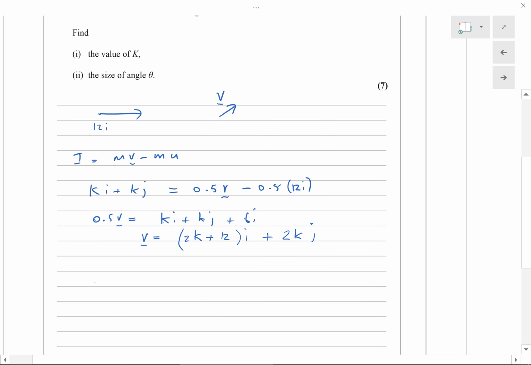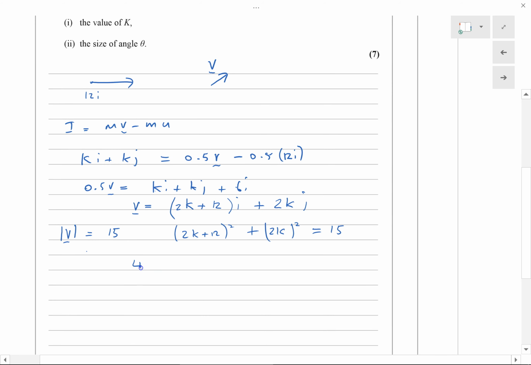Now, I'm going to use the fact that the modulus is 15. So that gives us (2k plus 12) squared plus (2k) squared equals 15. Multiplying this out carefully, we get 4k squared plus 48k plus 144 for that bit, plus 4k squared equals... oh, it's not 15, is it?